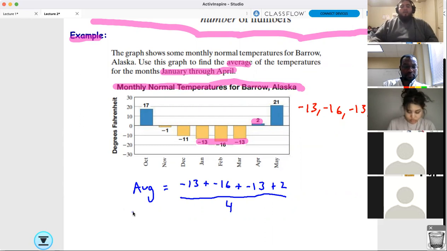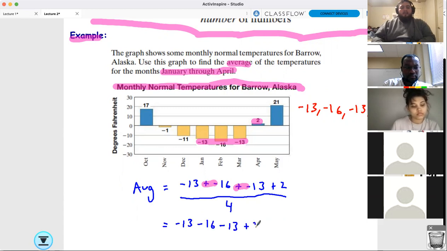But you guys are going to notice a couple things. We've seen it before. We're adding negatives here. Adding negatives is the same thing as subtracting. So let's just rewrite it. It'll be -13 minus 16 minus 13 plus 2 over 4.